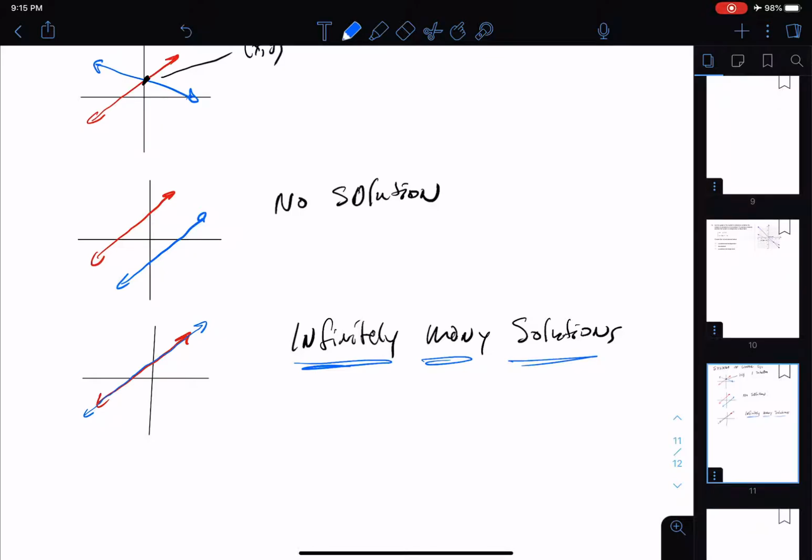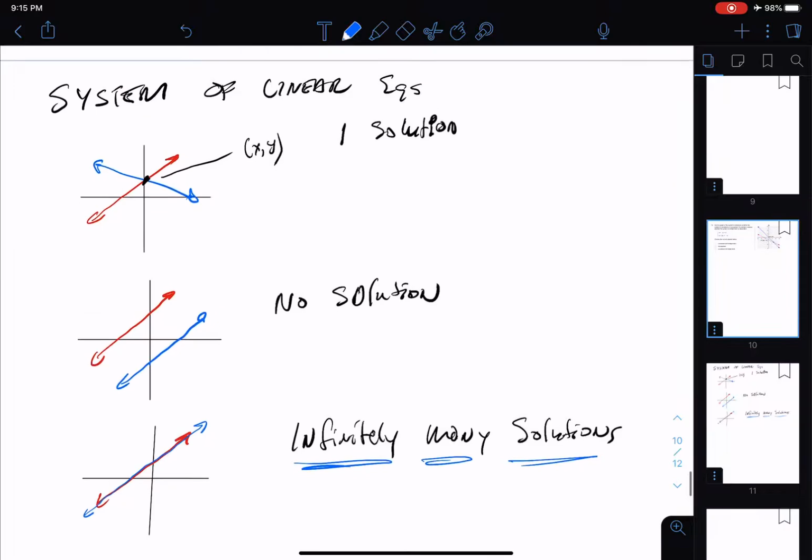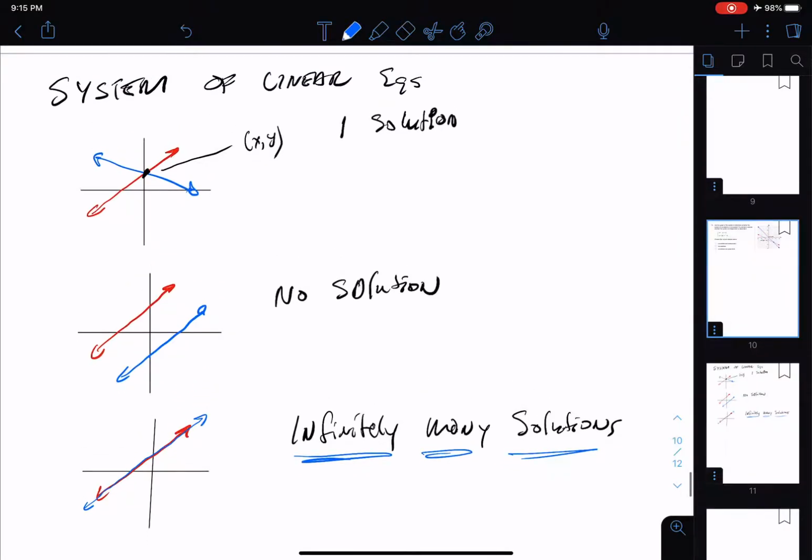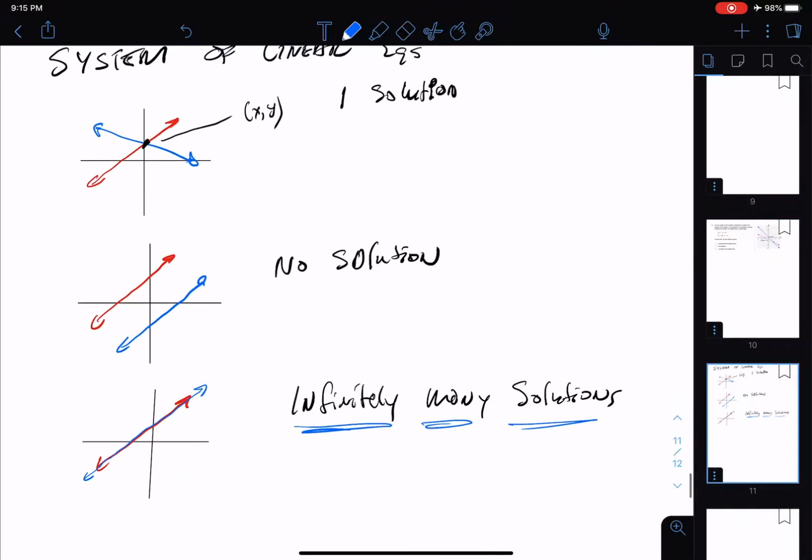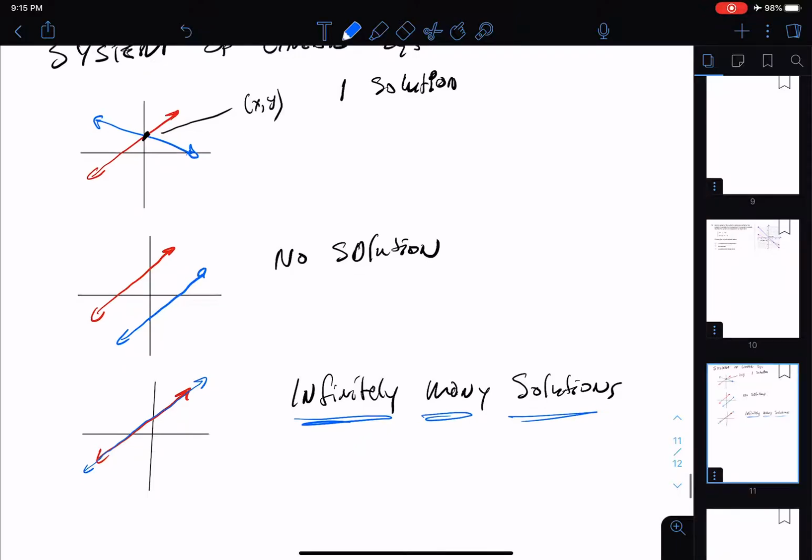Okay, so that's kind of a big picture, I think, that you really want to get when you're doing systems of linear equations. There's three different types of answers: one solution, no solution, infinitely many solutions. When we get into consistent and independent, I think I want to talk about that because it kind of makes sense to talk about that right now.